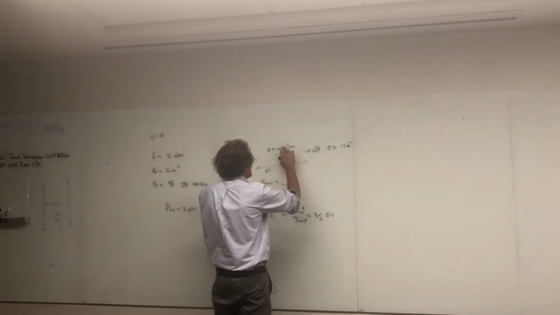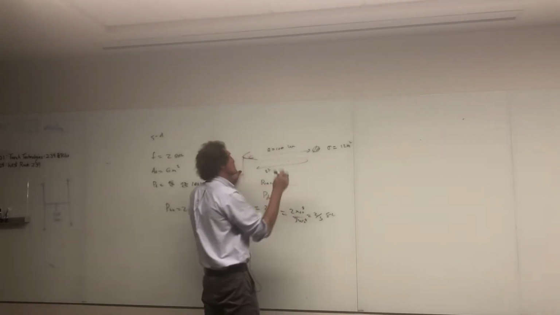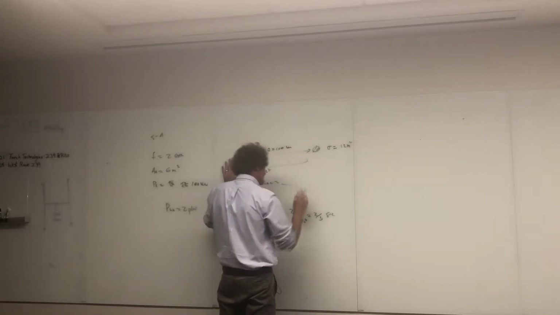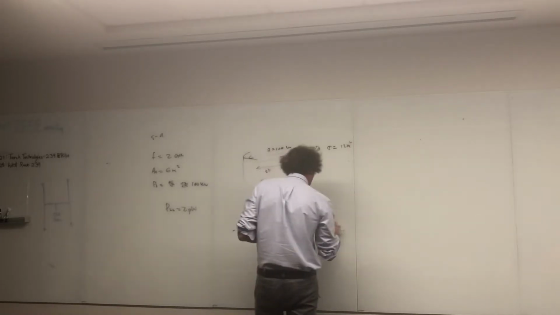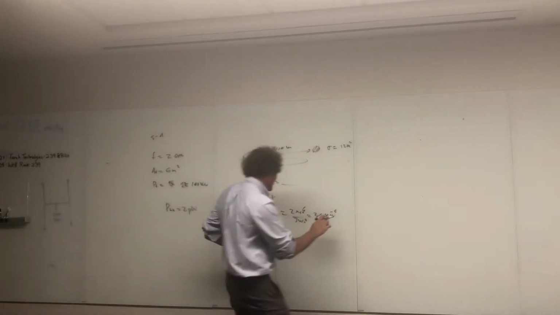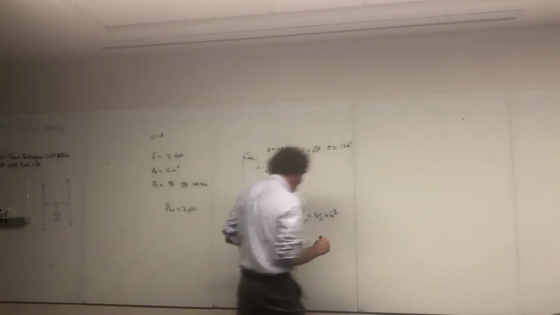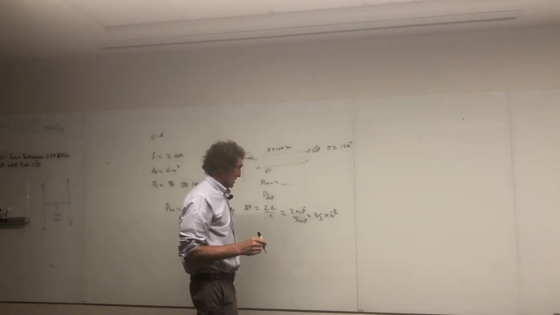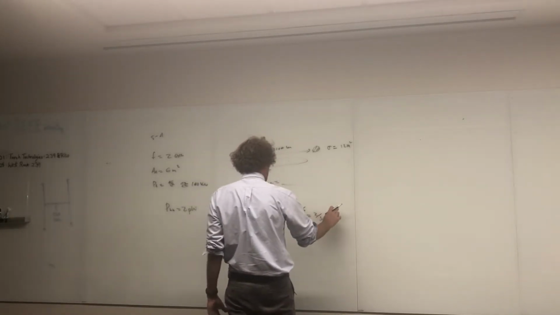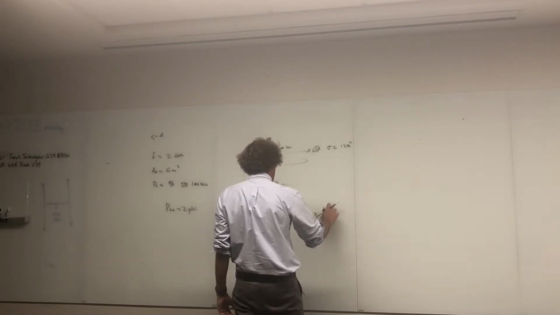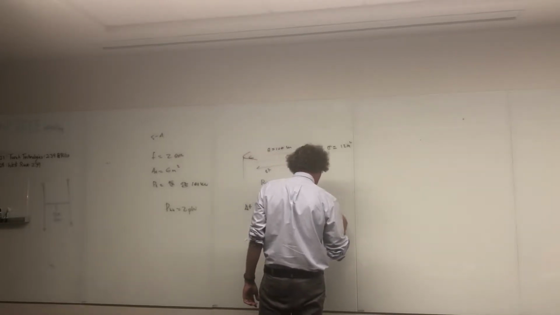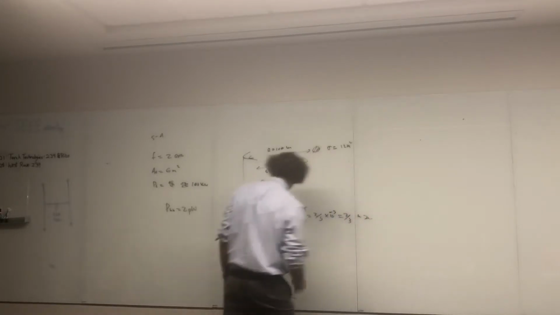Sorry, if it's 100 km, this is 10 to the 5th, so over 10 to the 8th, which is 10 to the minus 3rd. I'm sorry about that. You're right, the answer is 2/3 of a millisecond. Go ahead.